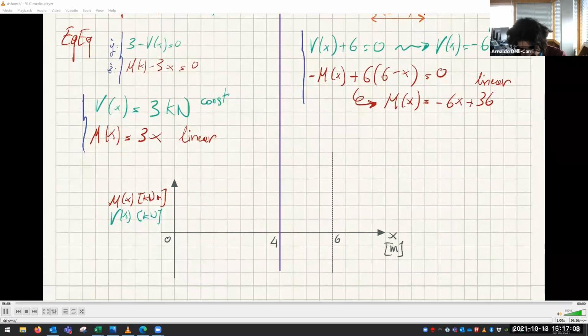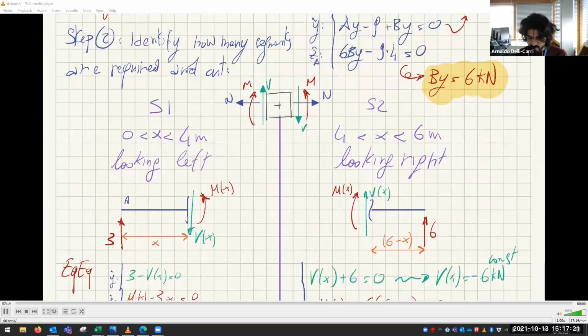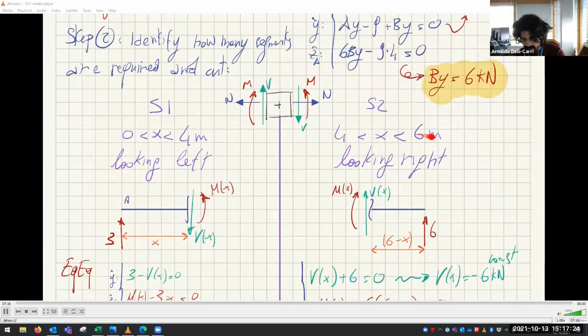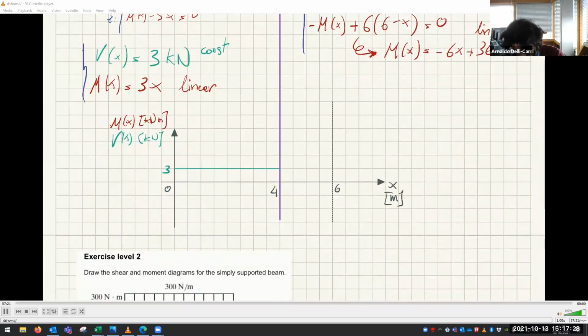We have 3. Let's say this one is 3. This is 3 kilonewtons constantly between 0 and 4. But here, between 4 and 6, it's minus 6. So I'll go here, which is twice as much. This is minus 6.